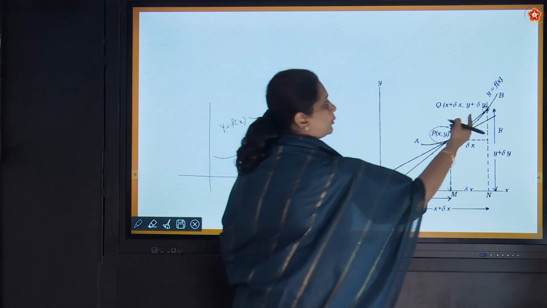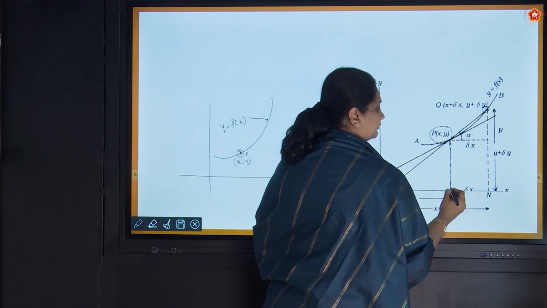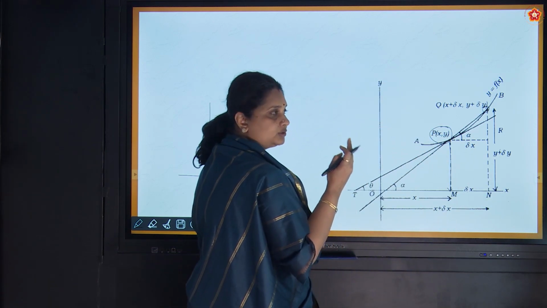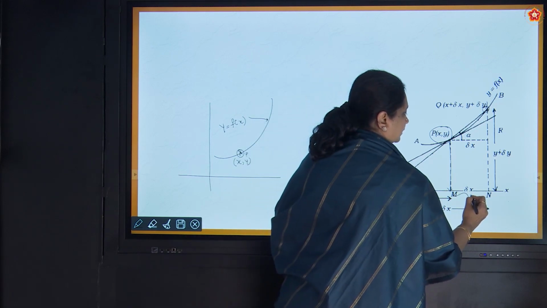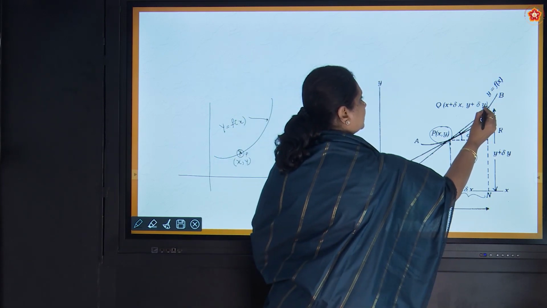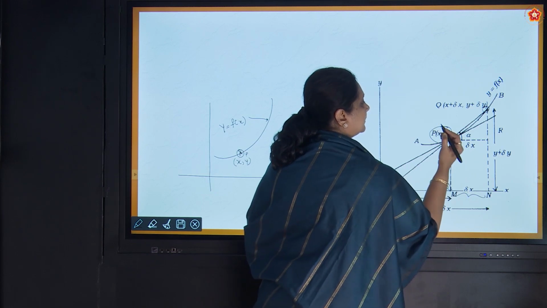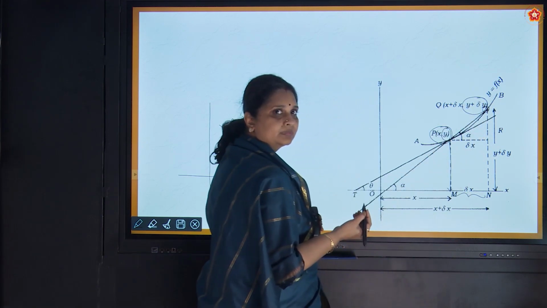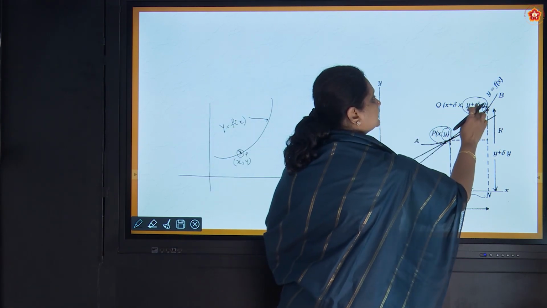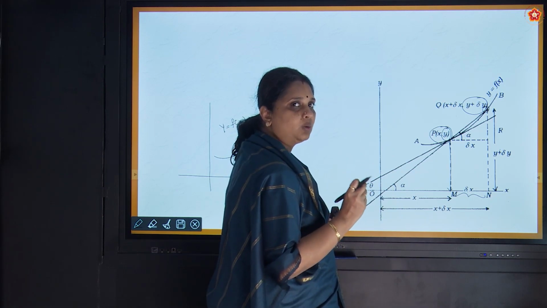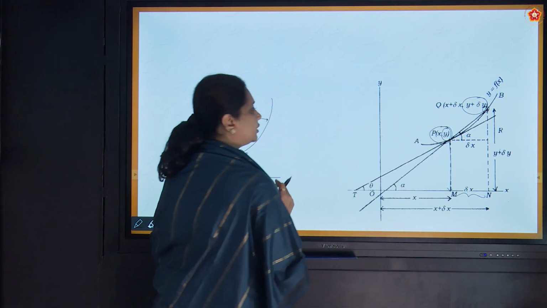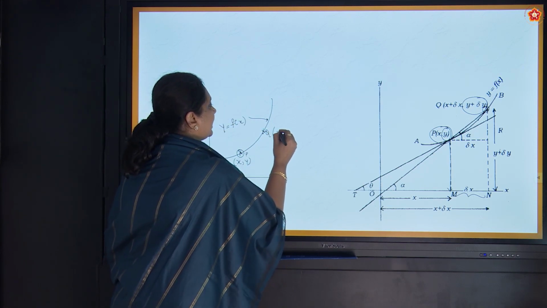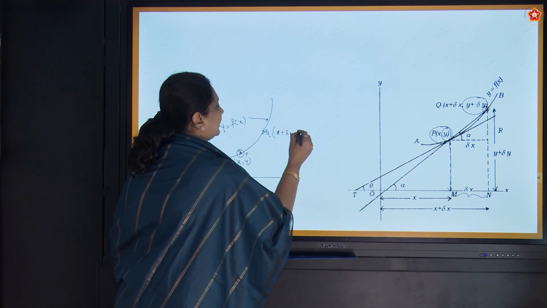This point Q's x coordinate will be more than the x coordinate of P, and its y coordinate on the vertical axis is going to be y plus delta y. So we have incremented x and y with small quantities and considered another point in the neighborhood, very close to P, that is Q. So our Q is going to be x plus delta x comma y plus delta y.